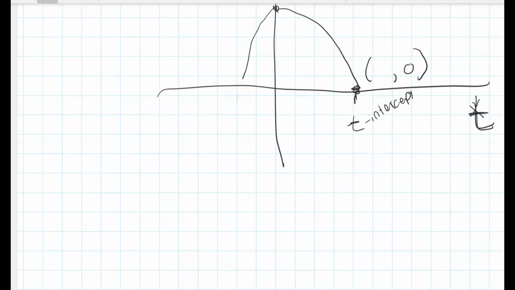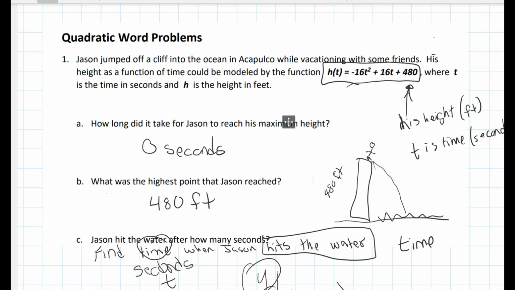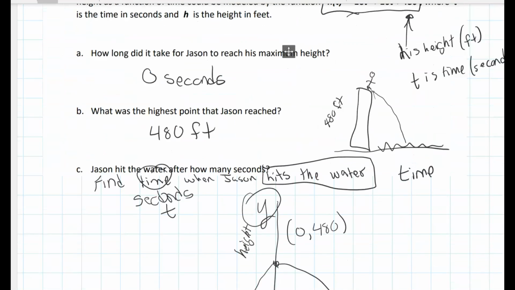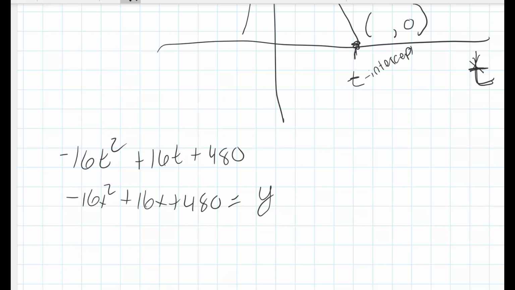Negative 16t squared plus 16t plus 480. Now we can change it to x squared if that helps. And we want to find out when y is 0.